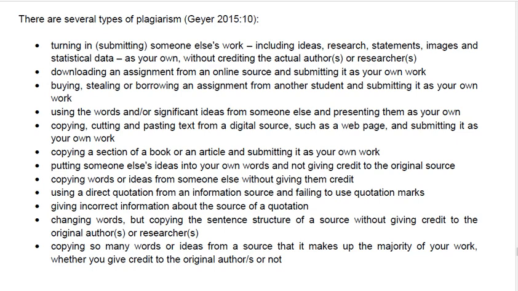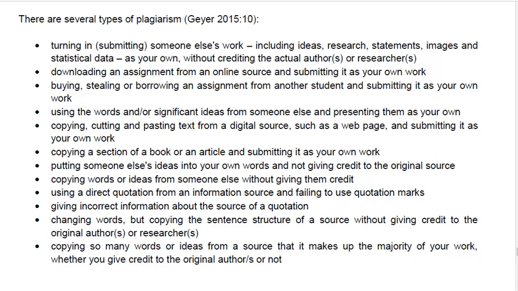Using the words and or significant ideas from someone else and presenting them as your own. Copying, cutting, and pasting text from a digital source such as a web page and submitting it as your own. Guys, you know what you can do here? You don't have to specifically mention these points the way they are mentioned here.